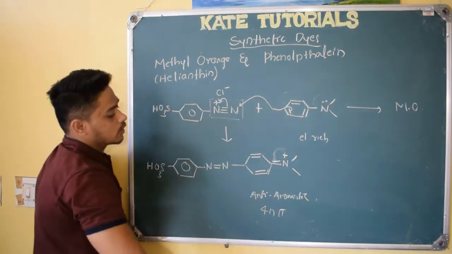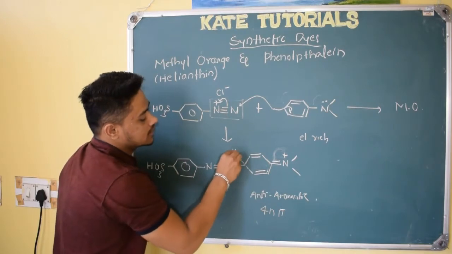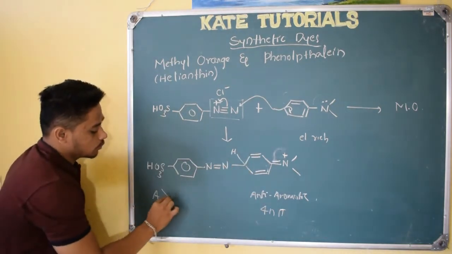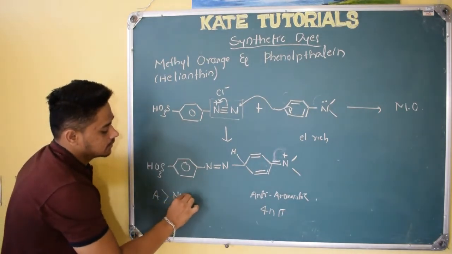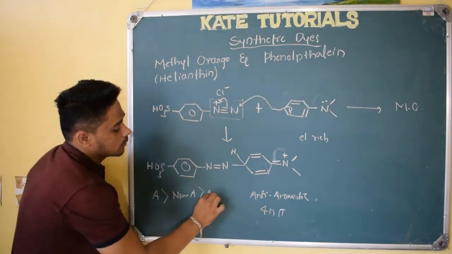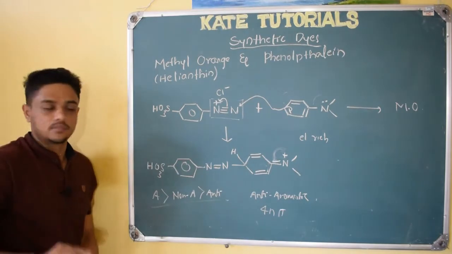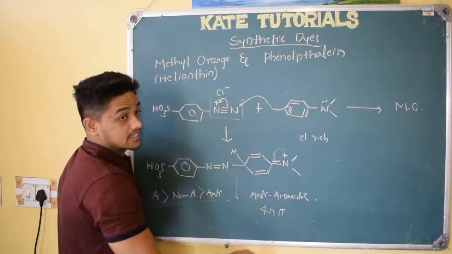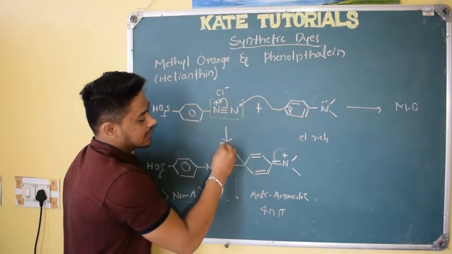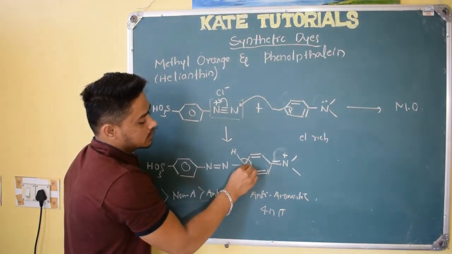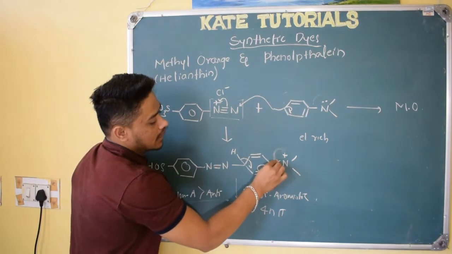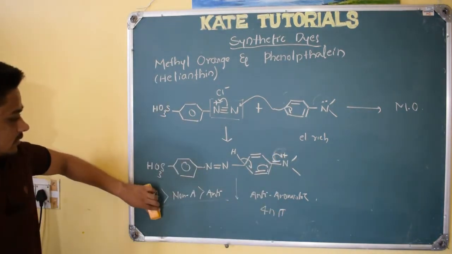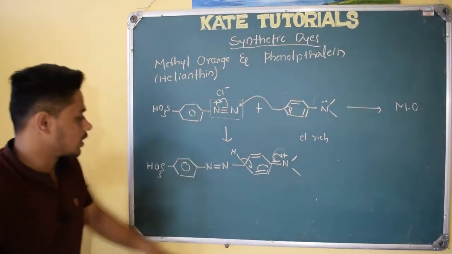So to make it aromatic, aromatization is the driving force, because we know the stability order: aromatic compound is more stable than non-aromatic, then comes the anti-aromatic. So the next step, aromatization, is the driving step, in which this H will go as a proton, this bond shifts here, this bond shifts here, again nitrogen becomes neutral. This is the thing.